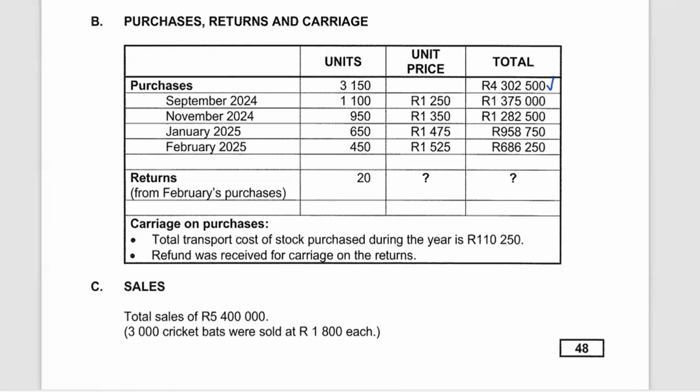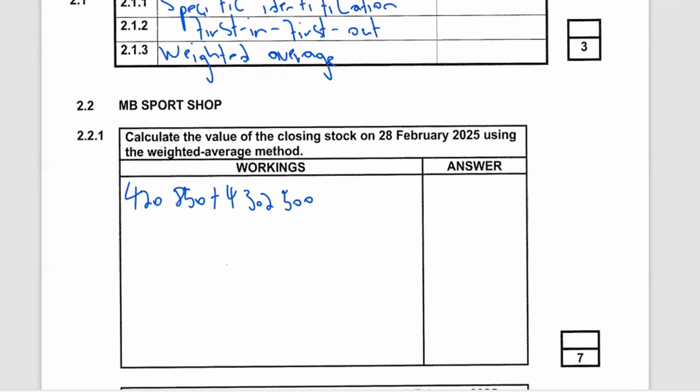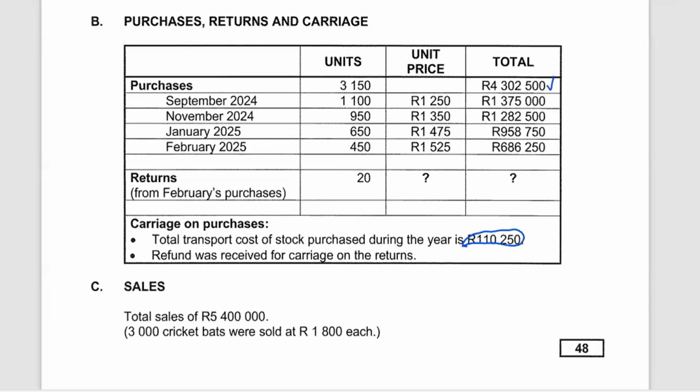Total transport cost of stock purchased during the year is 110,250. So we're going to add it because it's our carriage on purchases. Plus 110,250.